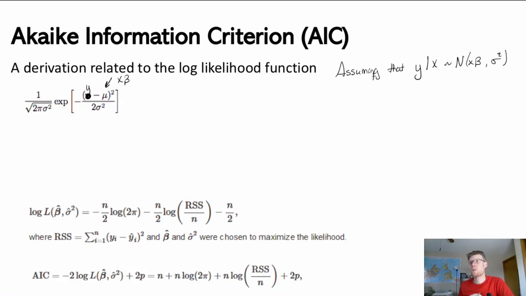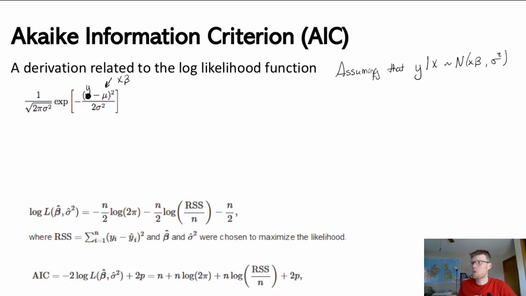So then, the likelihood of observing one particular observation for y is going to follow a normal distribution with mean x beta and variance sigma squared, and I can find the likelihood of observing that particular value.